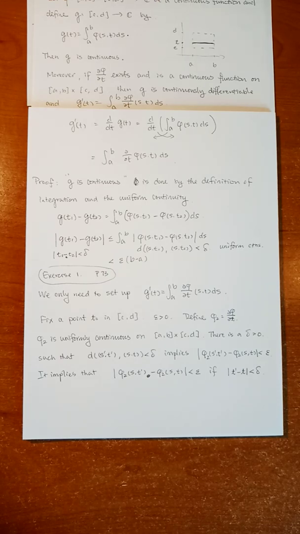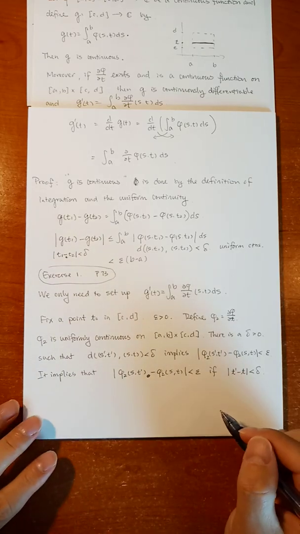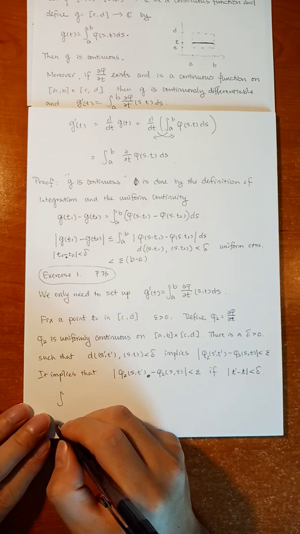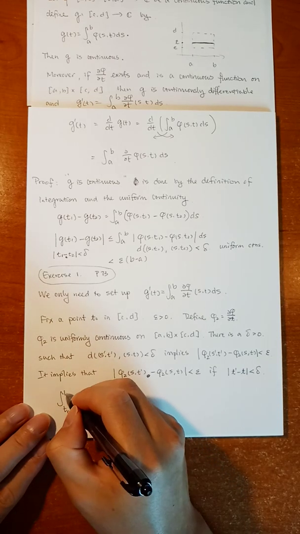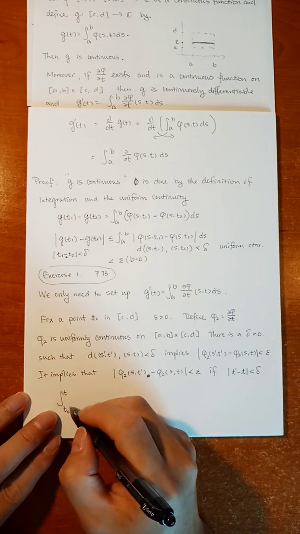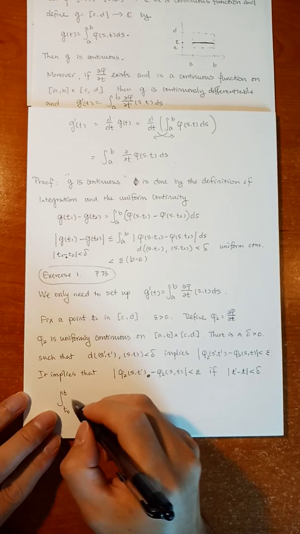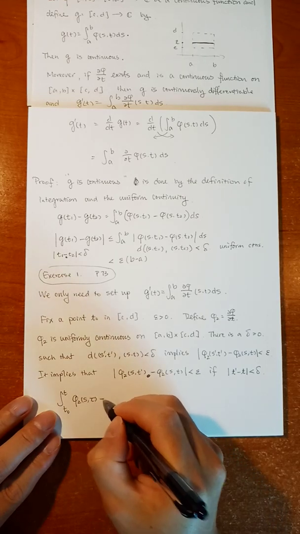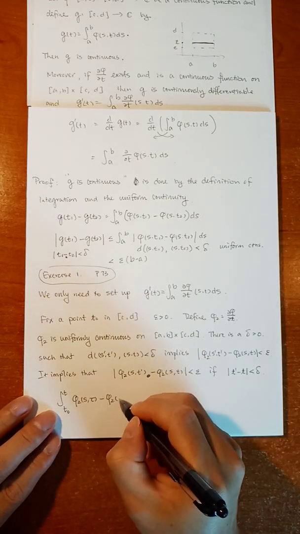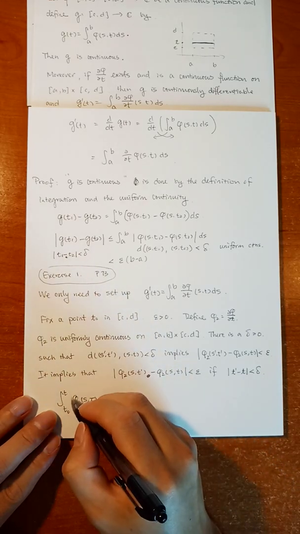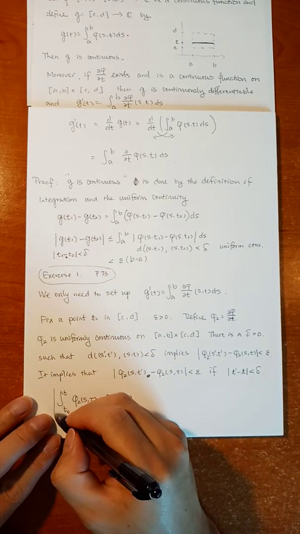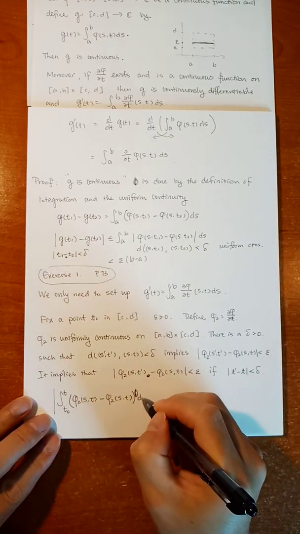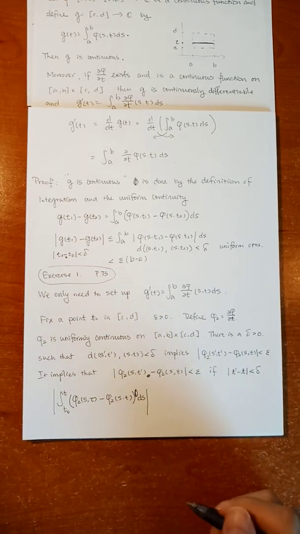Okay, so let's check the integral from t0 to t of the absolute value of phi 2 of (s, tau) minus phi 2 of (s, t) d tau.